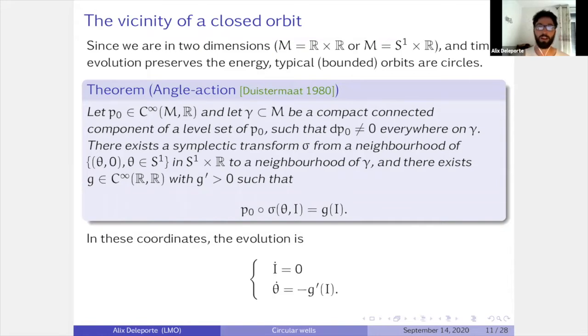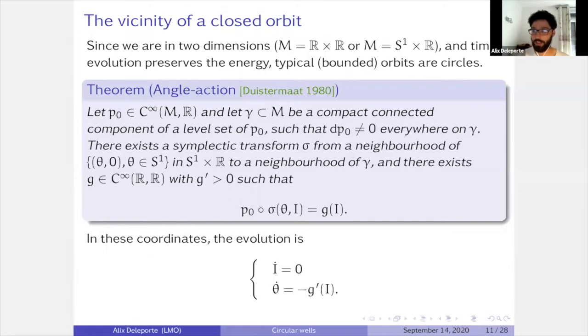If you take any function P naught and any compact connected component of a level set where the function is non-degenerate, then you can find a symplectic change of variables which maps this to a neighborhood of the zero section in S1 times R, such that when you apply this change of coordinates, now your function is just a function of the action I.